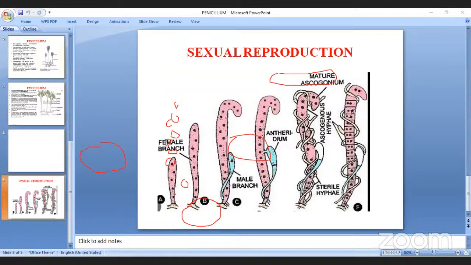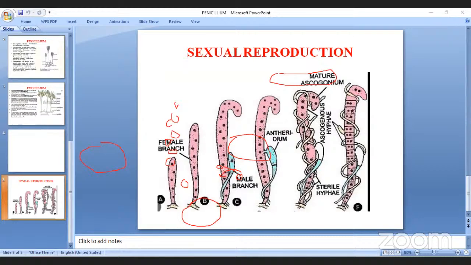But after contact, what happens? Immediately after contact, the antheridium nuclei do not enter the ascogonium. First only the cytoplasm enters the ascogonium, then the antheridium nuclei enter the ascogonium, but they do not fuse.